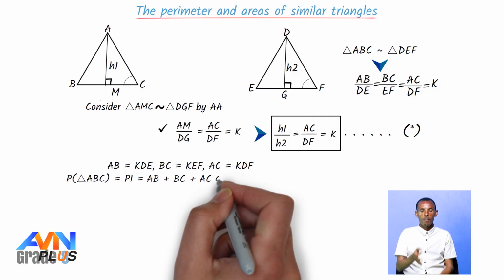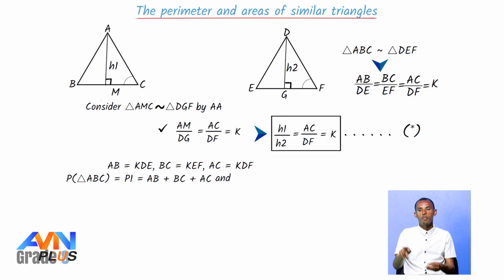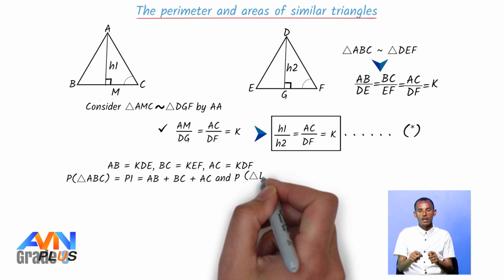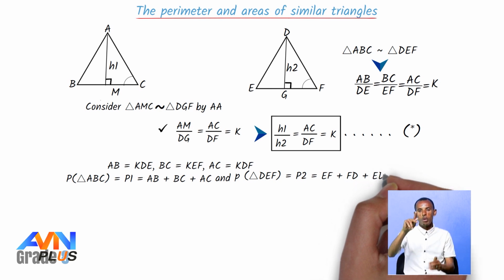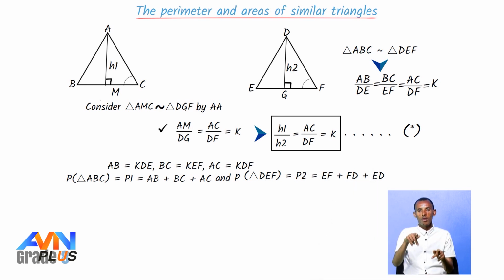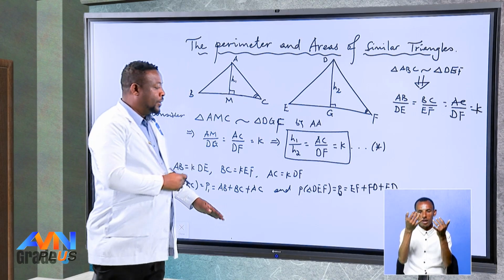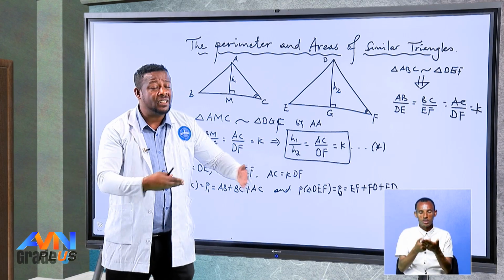Say the perimeter of triangle DEF is P2. P2 means EF plus FD plus ED.